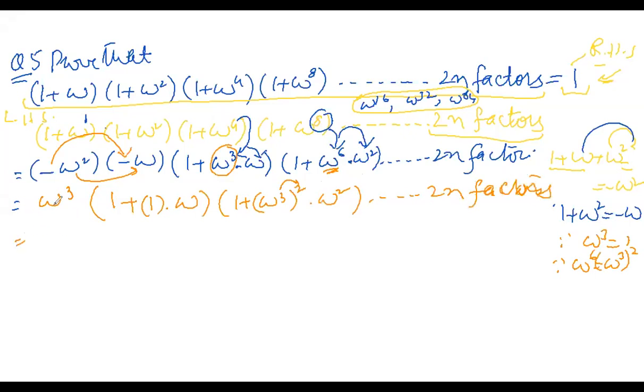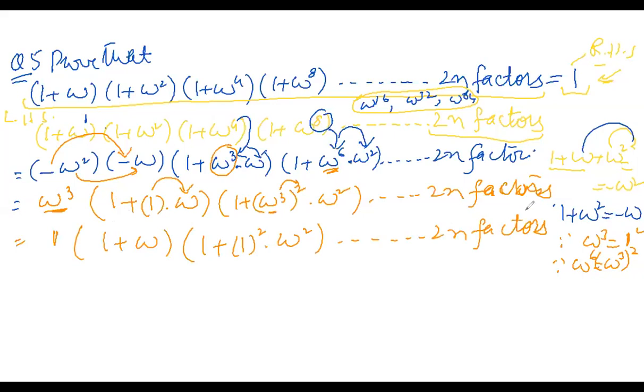Now, dear student, omega cube, you are already familiar. Here we have done omega cube. So we'll write here 1 into 1 plus, this one will multiply here and will become omega into 1 plus, I will put the value here 1 and square will remain as it is into omega square, and this is 2n factors.